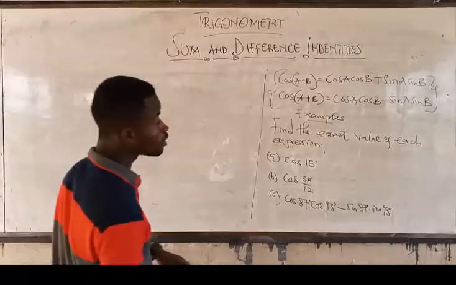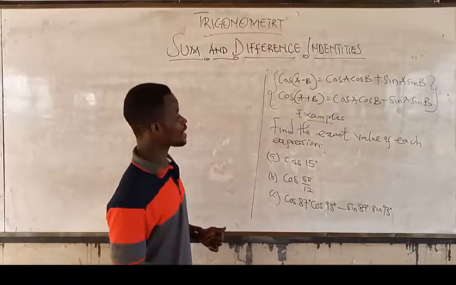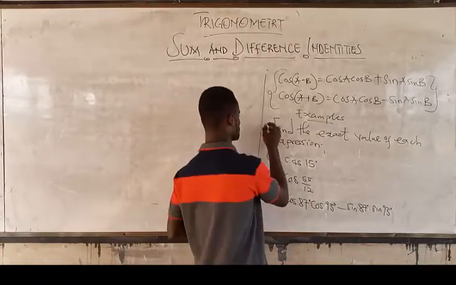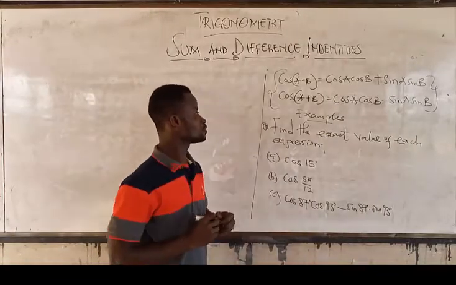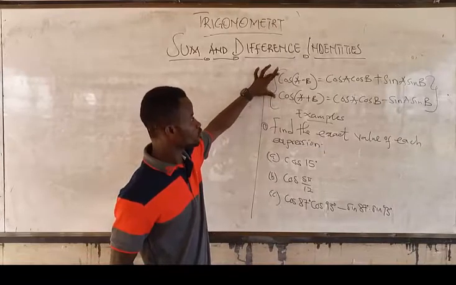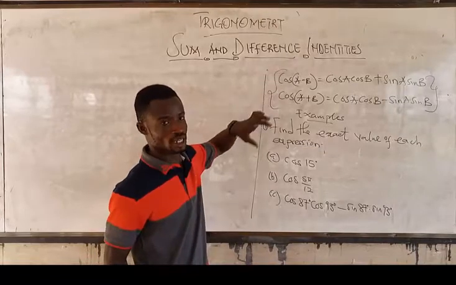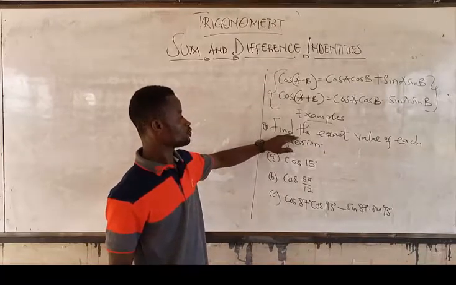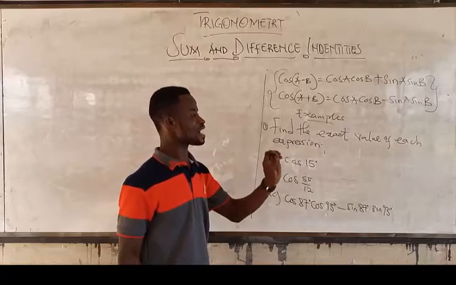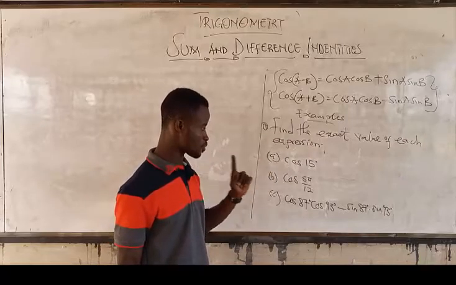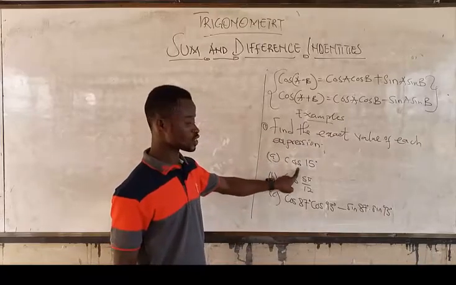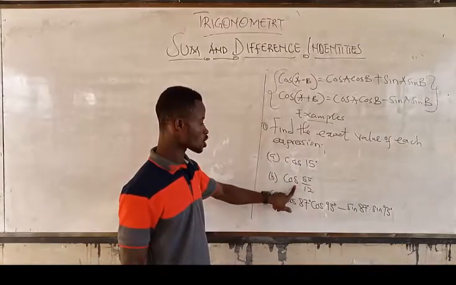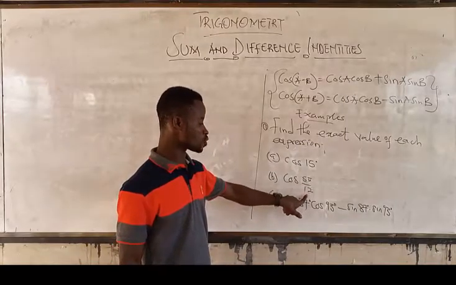All right, let's look at our first example. Don't forget, we are going to use these two formulas. We have to find the exact value of each expression. The first one is cos 15 degrees, and the next is cos 15 pi over 12.